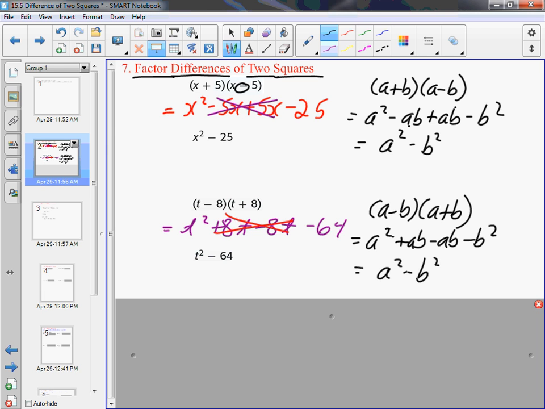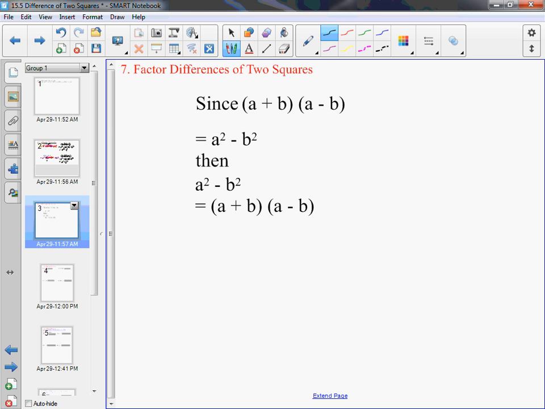All right? So, since a plus b times a minus b always equals a squared minus b squared, it's got to work the other way too, doesn't it? A squared minus b squared must equal a plus b times a minus b. There's no way around it. That has to be the way it works.